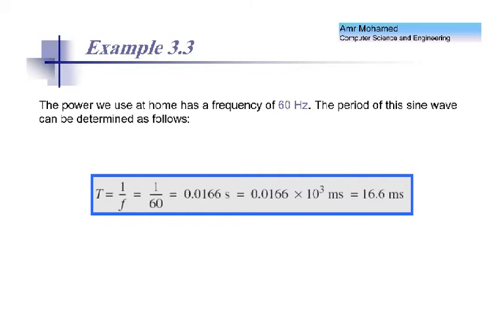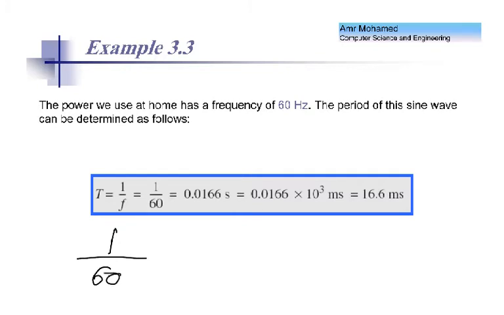Okay, so for the frequency or for the cycle duration, again, we use the power at home as an example. When we say that the actual power at home has a frequency of 60 hertz, what does that mean? This means that the cycle duration of the sine wave that represents the power signal at home is simply 1 over 60.